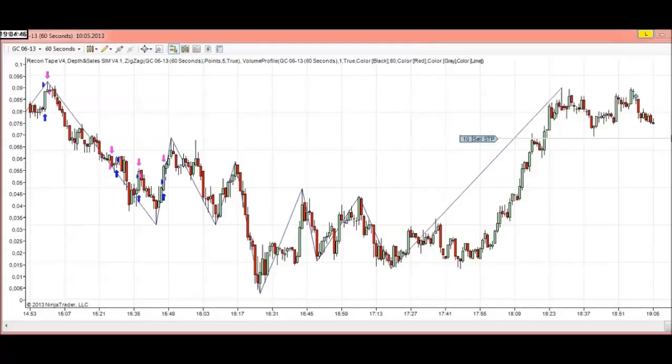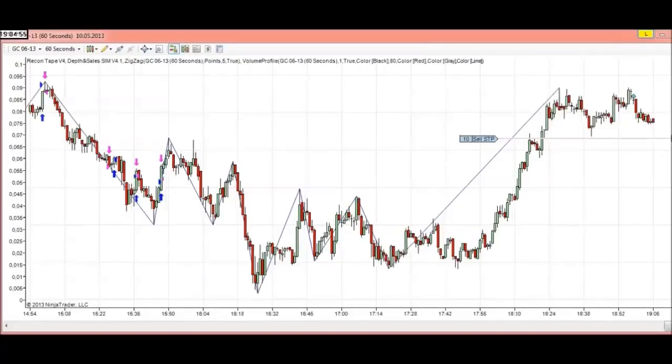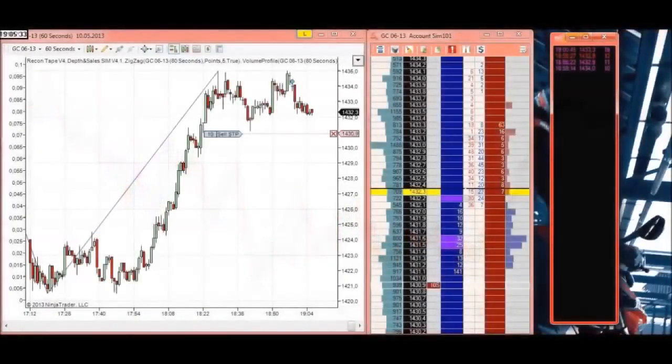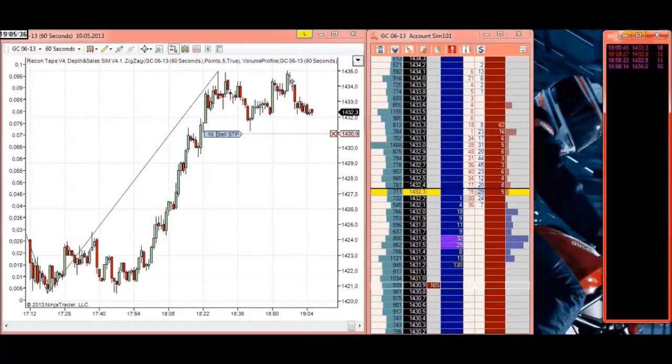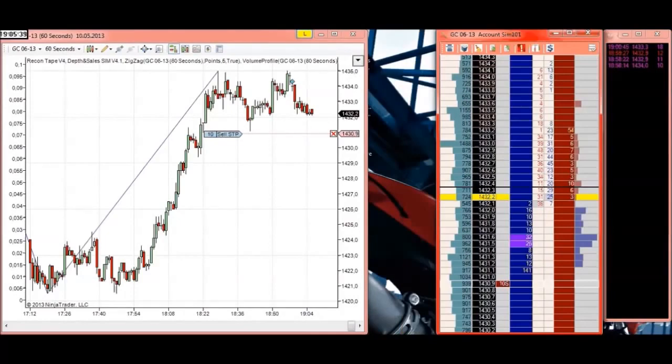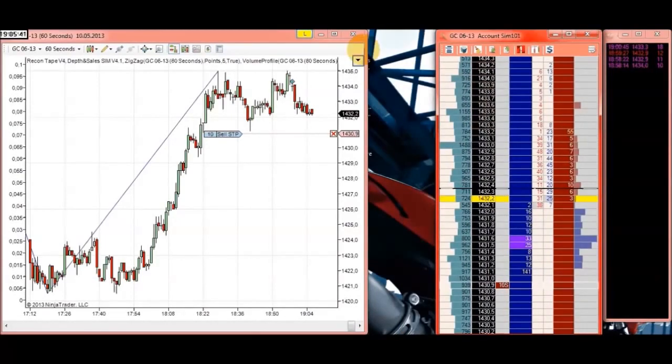So I want to see some large orders. If I'm short, I want to see some large buying orders start to come in to close it, and I want to see the situation changing in the DOM. I want to see, if I can use some order stacking. Let's put here, here, and here.